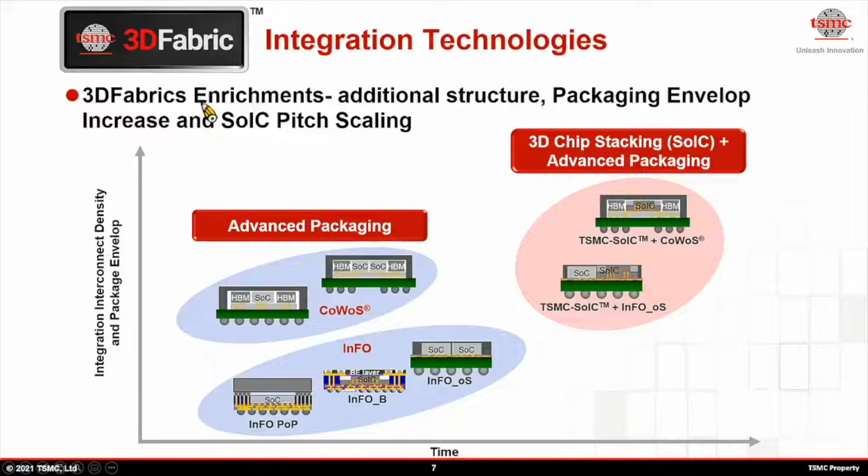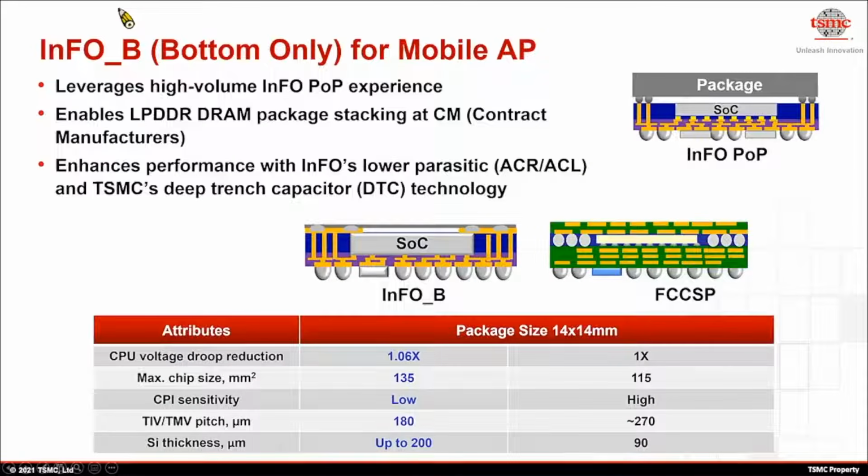This slide shows the new addition of packaging structures such as InFO-B and some examples of packaging envelope increase such as InFO-OS and CoWoS-S that I'm going to discuss in the following. InFO-B, B stands for the bottom part of InFO-PoP.